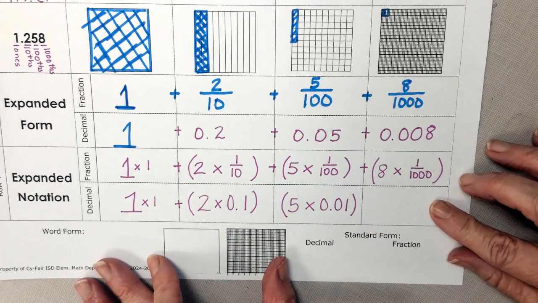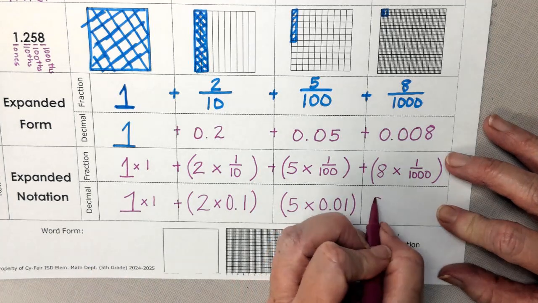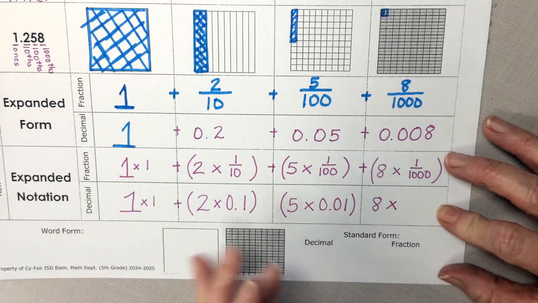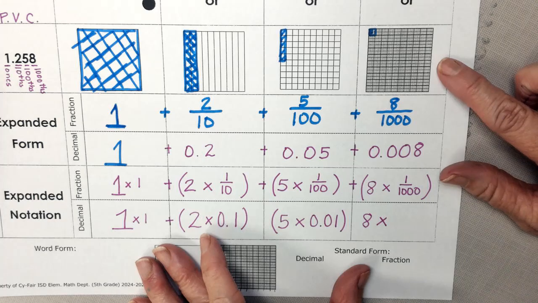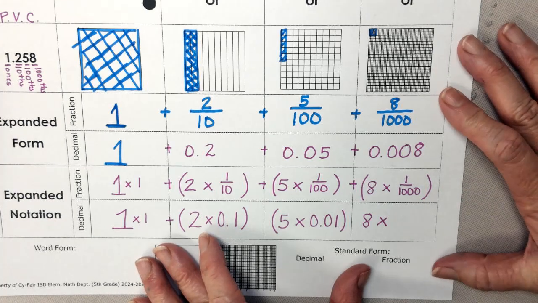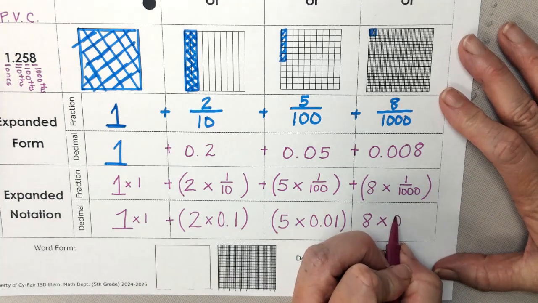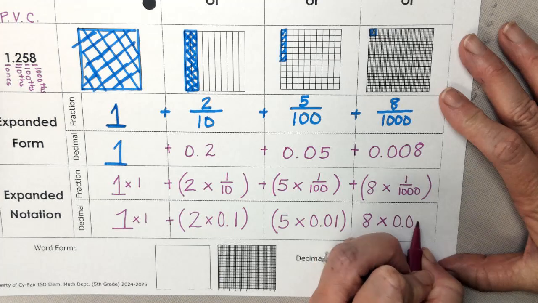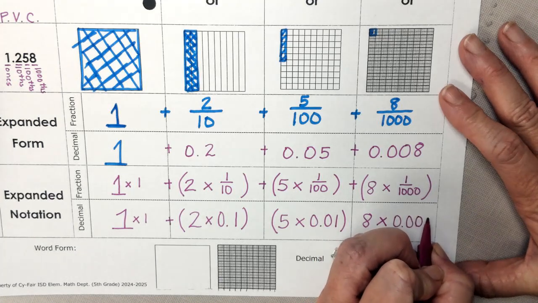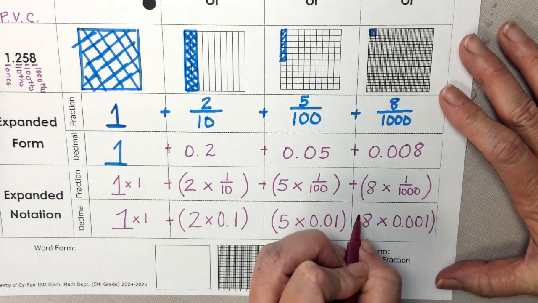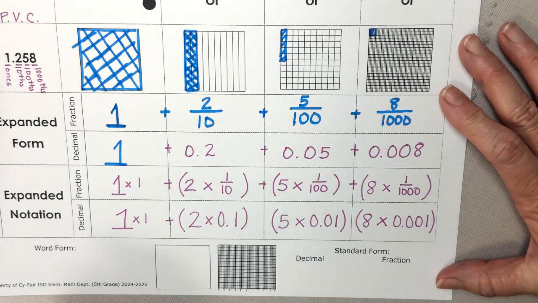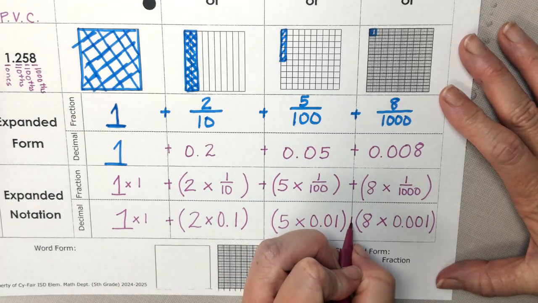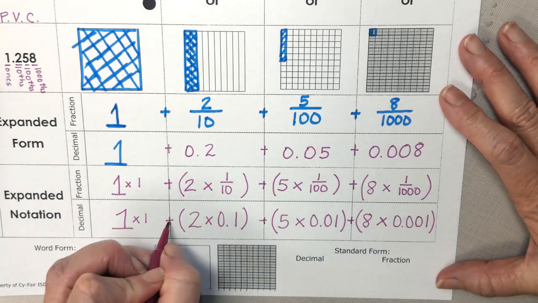And finally, we have the number 8, and this model is being represented by a decimal that is representing the thousandths. So we have 0 ones, 0 tenths, 0 hundredths, and the thousandths is represented here. We would put this together by using the addition symbols.